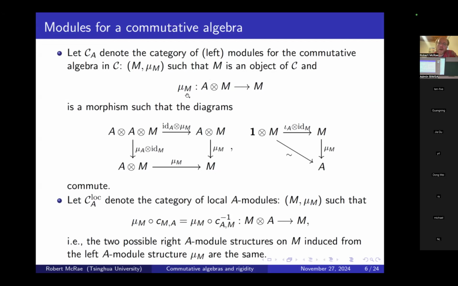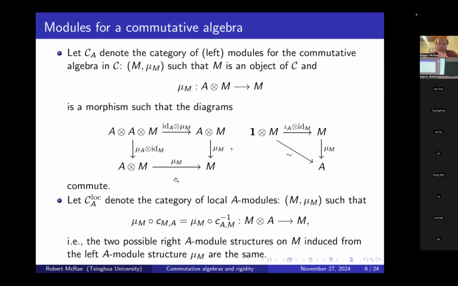So a module in this category comes with an action of A on M, so a morphism from A tensor M to M. And then there's a diagram for the associativity of this module action, and then also a unit property for this module action. I guess there's another typo here. This should have been an A tensor M, and this should have been an M, I think. But anyway, these are the two properties of a module action.